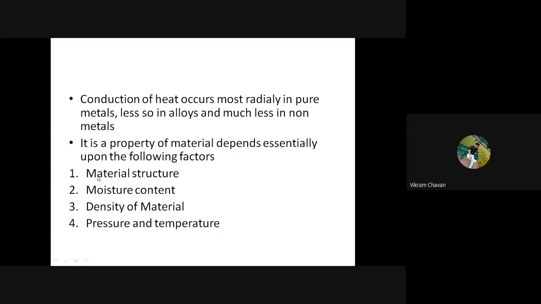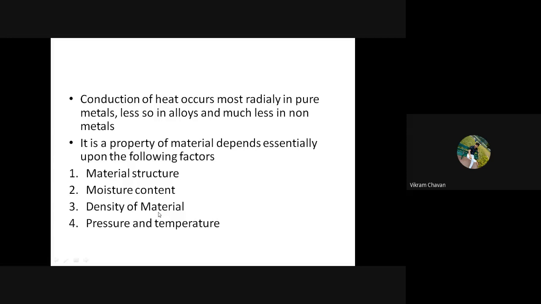Material structure, moisture content and density are part of the substance, but pressure and temperature are the operating conditions or operating factors. We can change these operating factors, but we can't change the factors of a material.